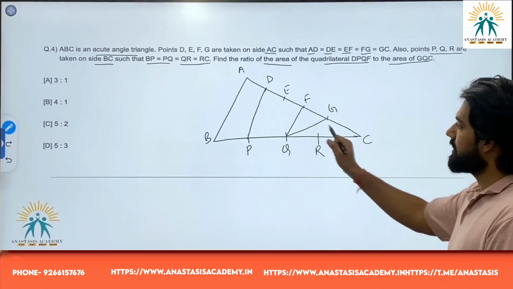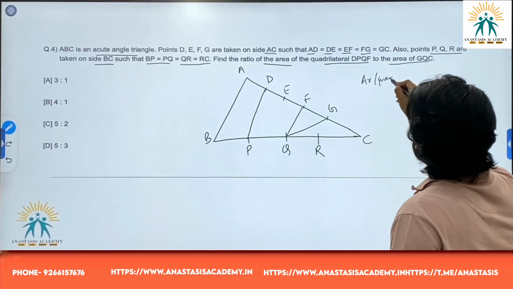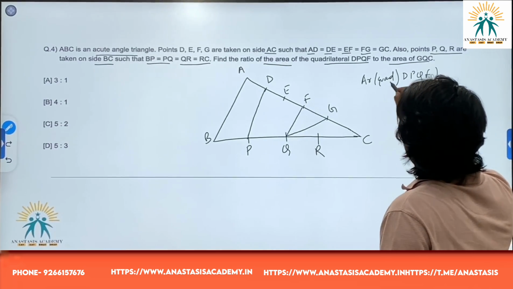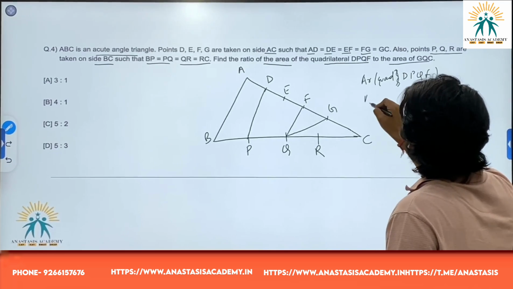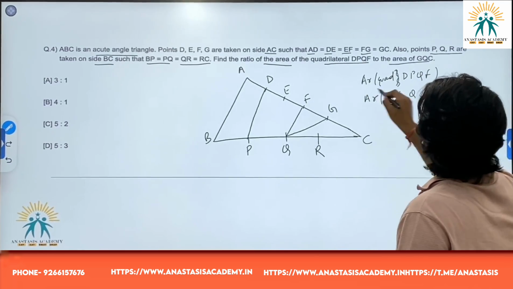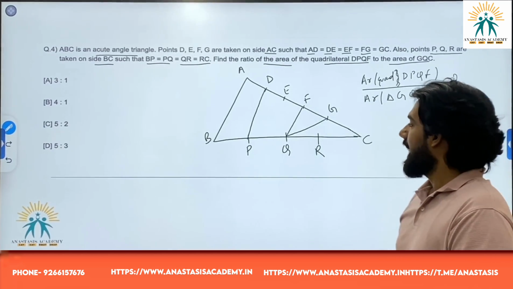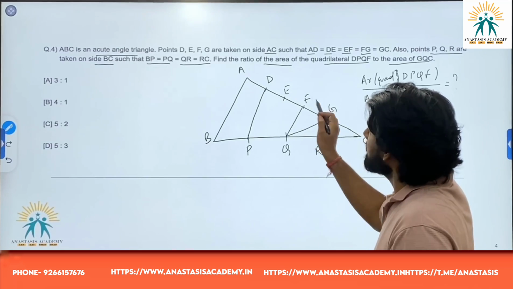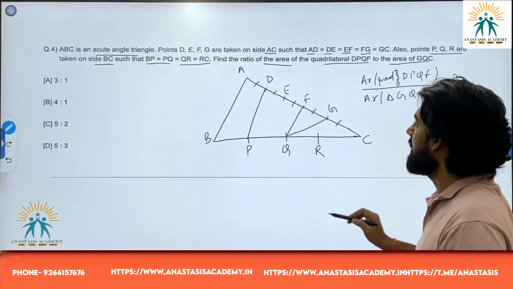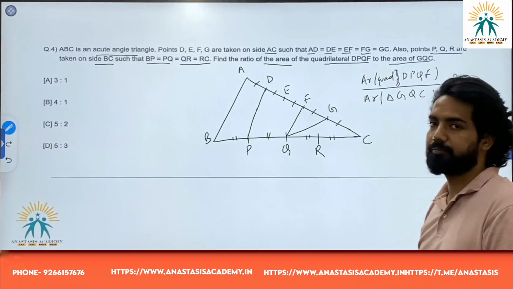I need to find the ratio of these two, that is area of quadrilateral DPQF and area of triangle GQC. Okay. I know these points are equidistant from each other. So these distances are equal. These distances are equal. Also, these distances are equal on this side.